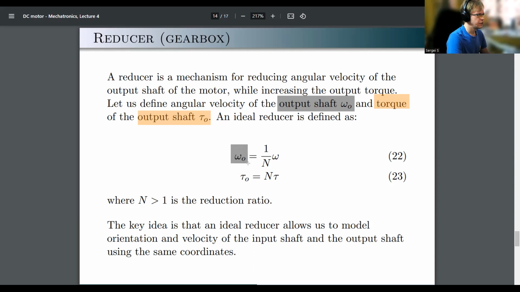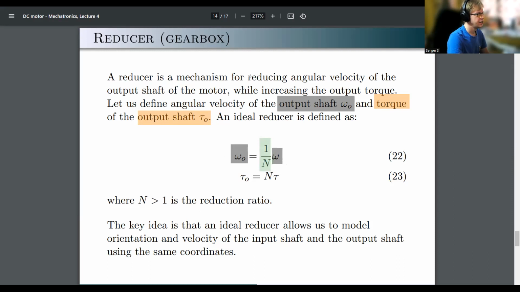The angular velocity of the output shaft is equal to the angular velocity of the motor divided by the reduction ratio.